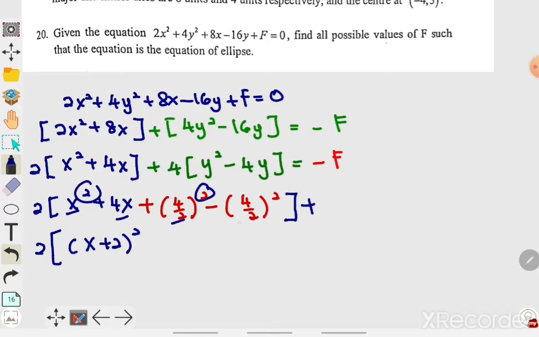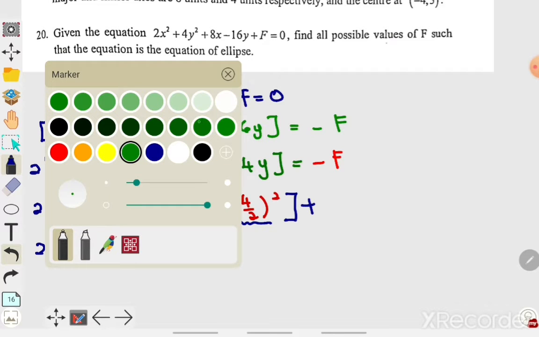For the other part here, we have to calculate separately. 4 divided by 2 is 2, and 2 to the power 2 is 4. 4 times the negative, so this is minus 4 times 2. For the green color, use the same concept as the blue one.